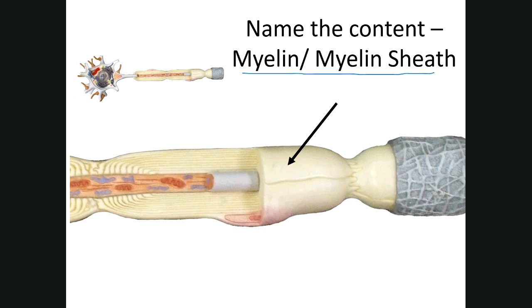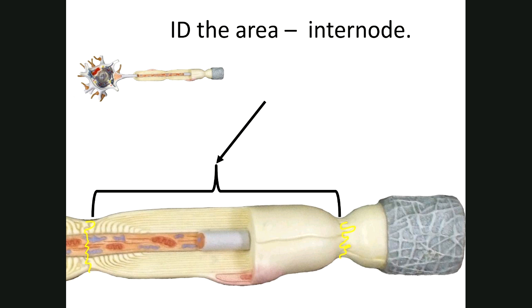But normally the question will ask you to name the cell. And then from this little indentation to the next indentation, refer to that whole structure as an internode.